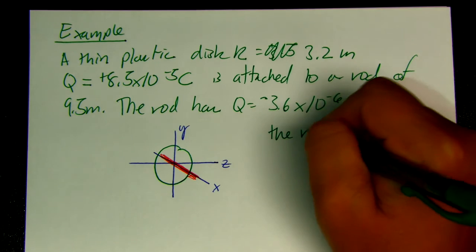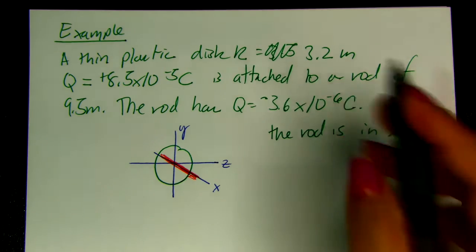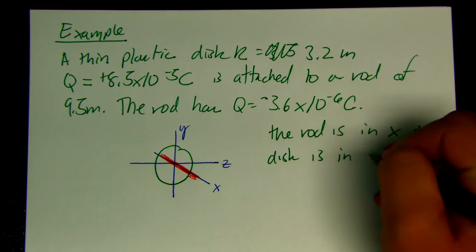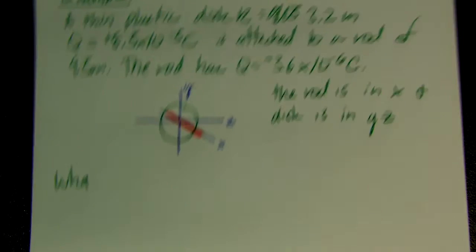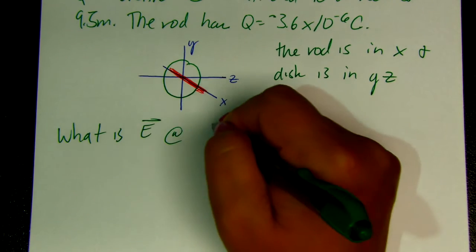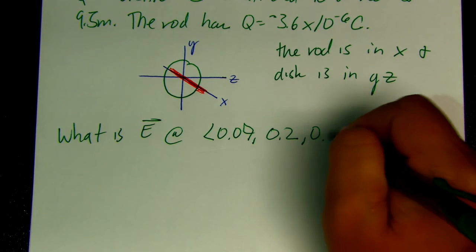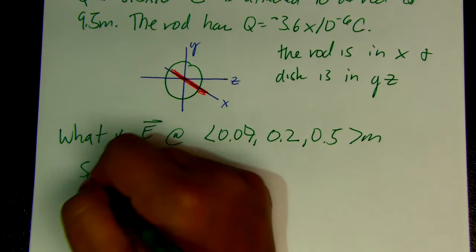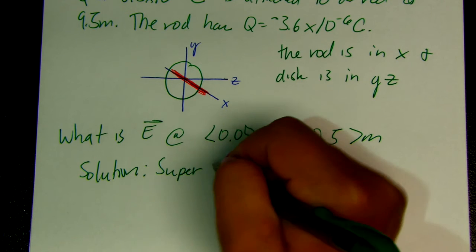What is the electric field at location 0.07, 0.2, 0.5 meters?